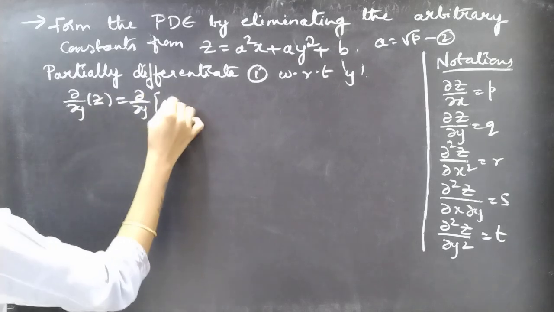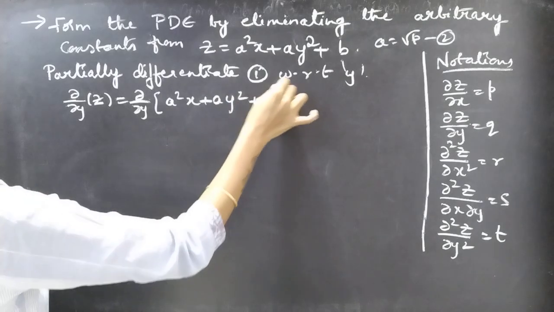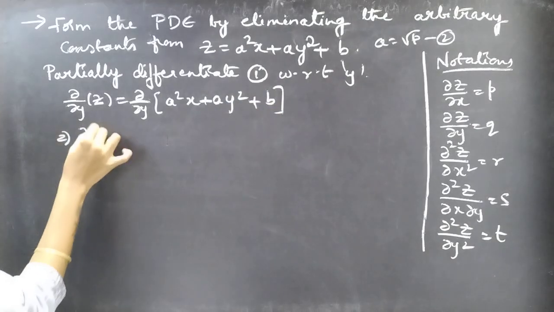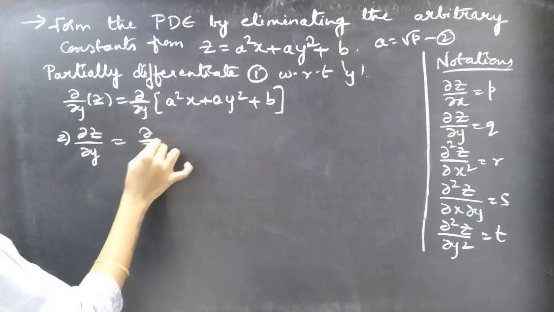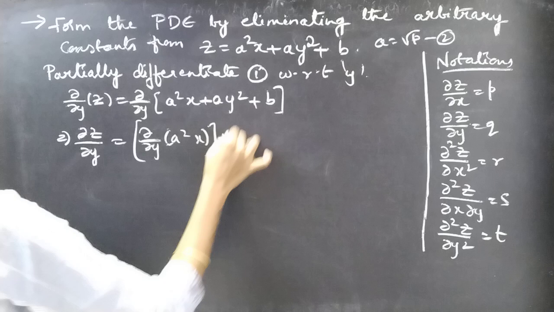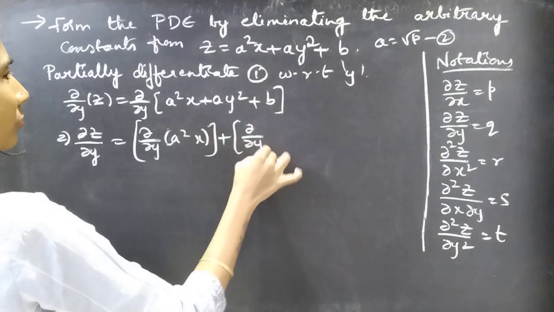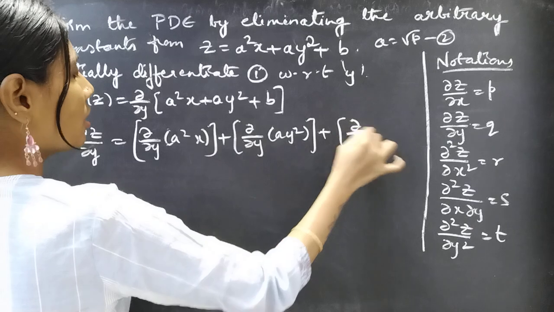Since we are partially differentiating with respect to y, we'll treat x as constant here. This gives us dou z by dou y equal to dou by dou y of the first term plus dou by dou y of the second term plus dou by dou y of the third term.